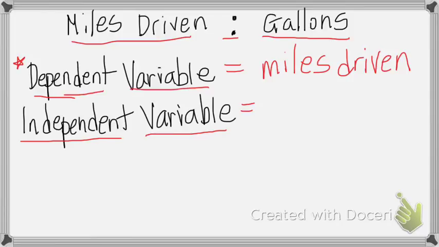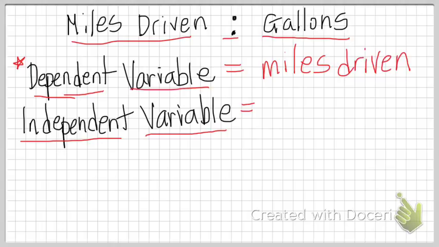And see if I can get some graph paper up here. Okay, this is graph paper. This is quadrant 1, of course, which we're working in. There's my y, there's my x. So my miles driven, my dependent variable, is my y on the y-axis.